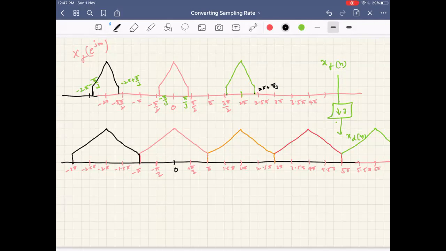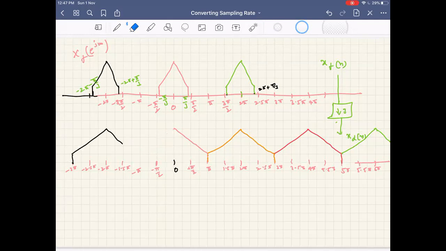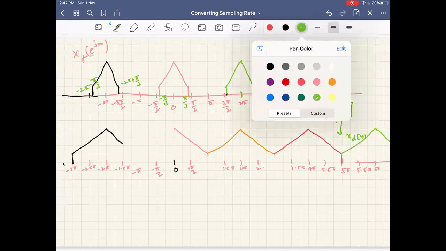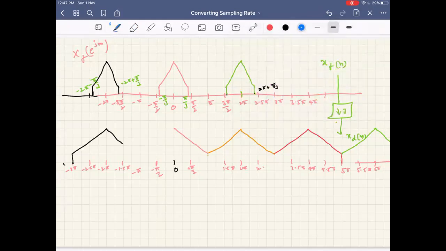In fact, you can see that these are all actually magnitudes. Okay, so I will try to sketch the baseline again. Let us sketch with a slightly different color. Right.